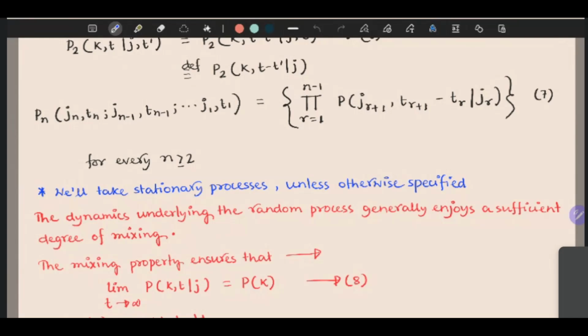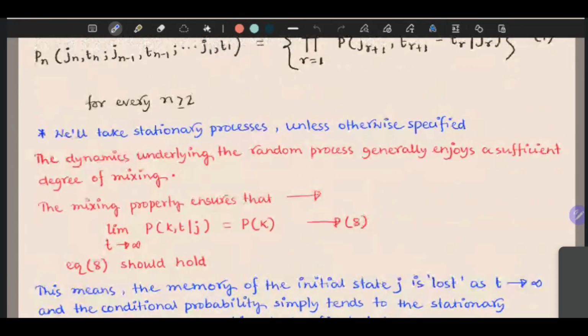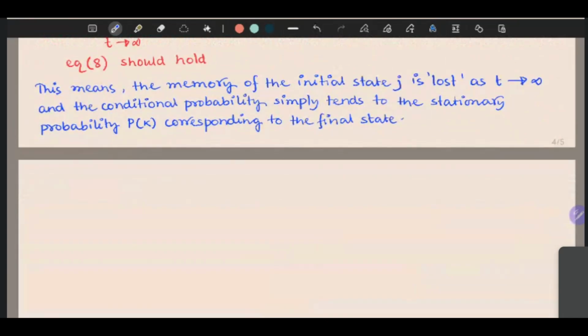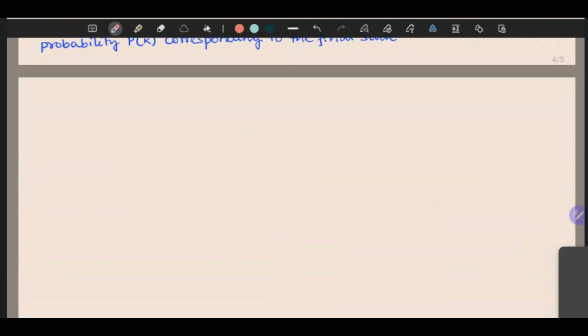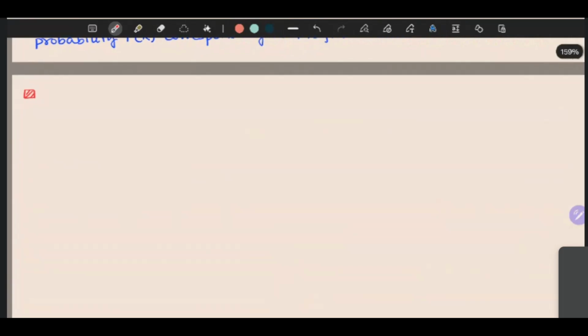Today let me start my discussion from the master equation. This master equation is very important whenever you study this kind of stochastic processes.